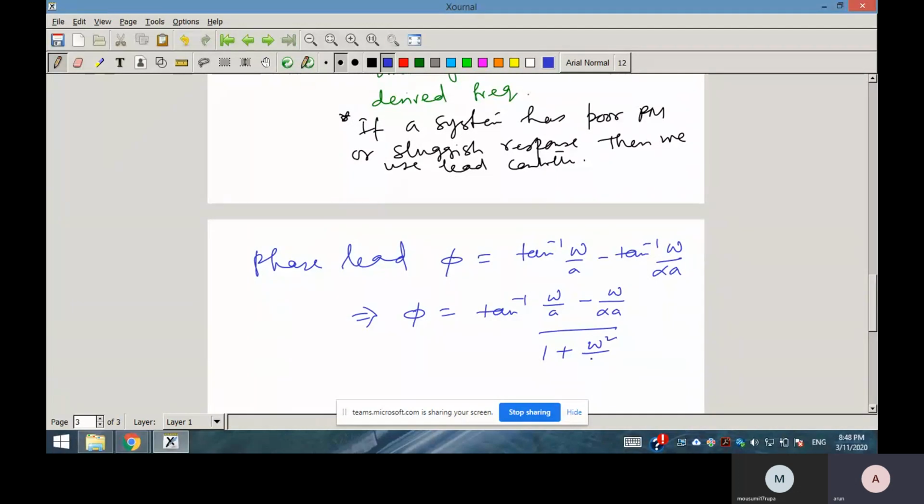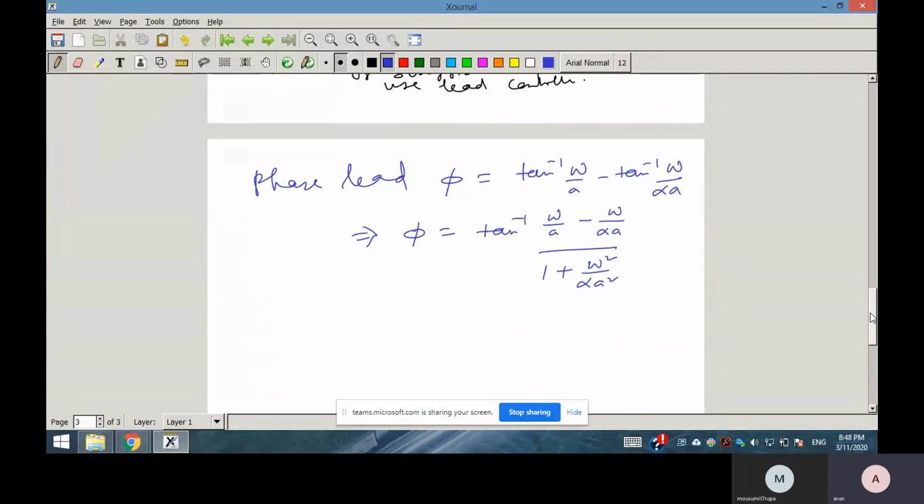That means omega square by alpha a square. So your phi will be tan inverse of omega a (alpha minus 1) divided by (omega square plus alpha a square).